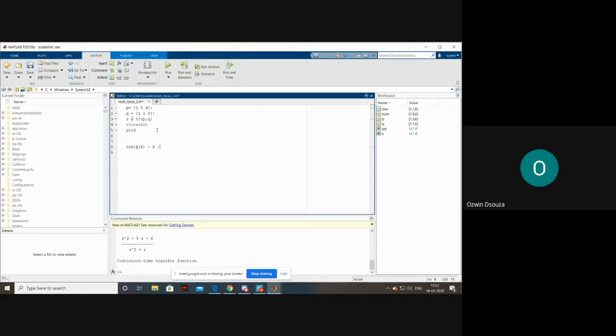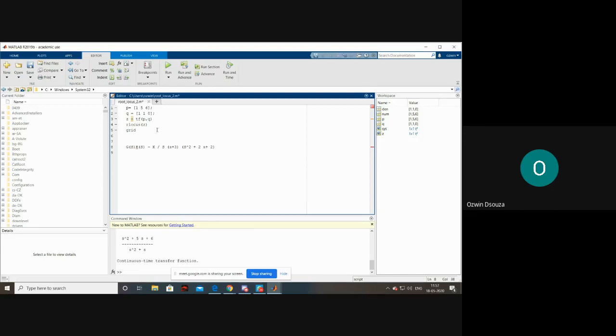K divided by s into s plus 3 into s square plus 2s plus 2. This is our given system whose root locus plot we are supposed to find out.